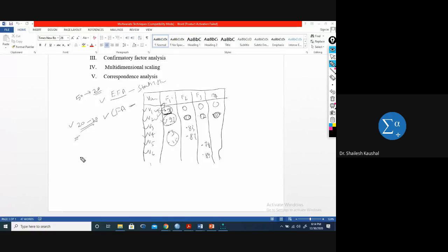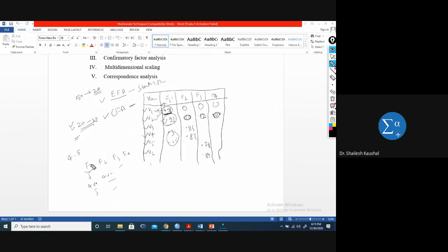For example, if I am taking 20 questions in performing the CFA, the 20 questions are divided into four or five factors, meaning factor 1, factor 2, factor 3 and factor 4. Every factor has four or five questions. So it is pre-decided.